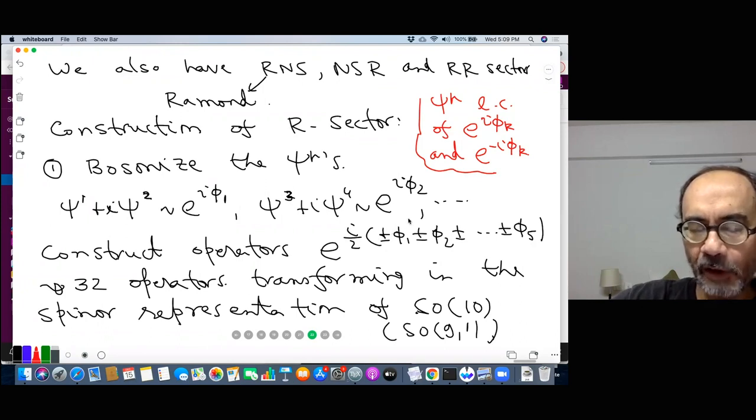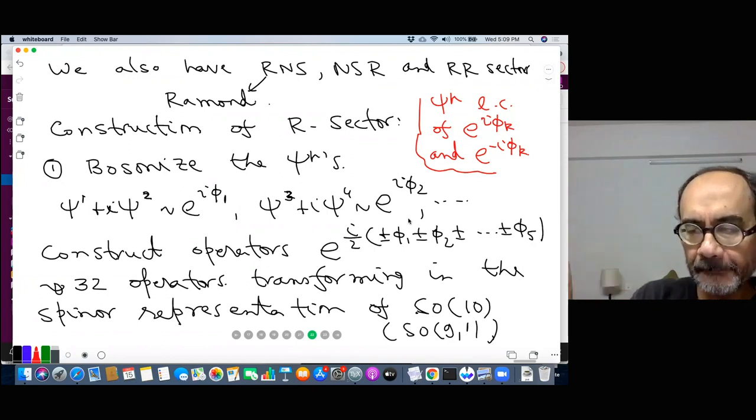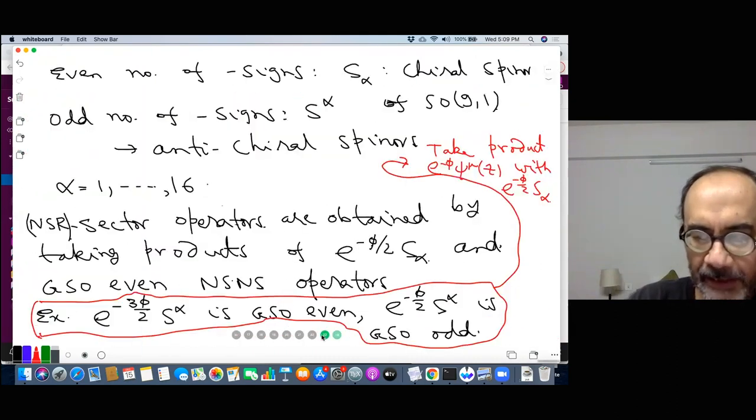So it converts a chiral spinor into an antichiral spinor and vice versa. So the product with psi mu and S alpha converts a chiral spinor to antichiral and vice versa. That's why when you take the product of this and this, you get e to the minus 3 phi by 2 times S alpha with an upper index. This is antichiral.